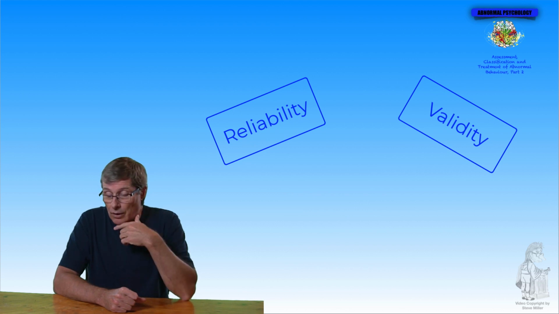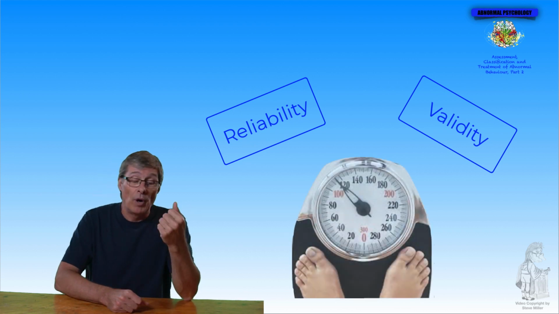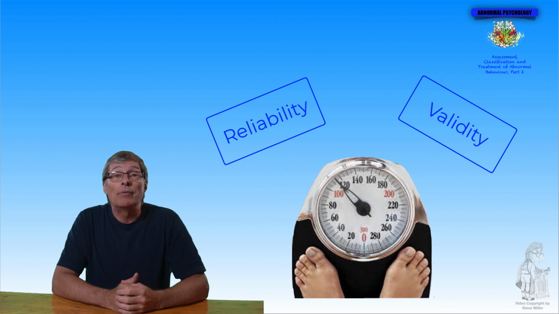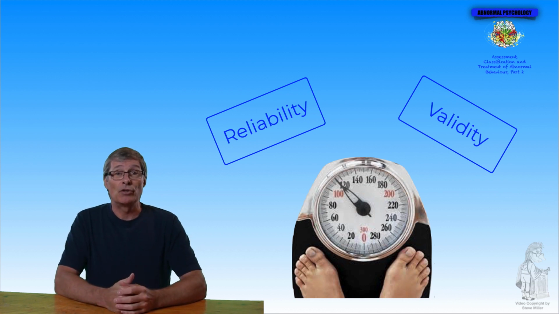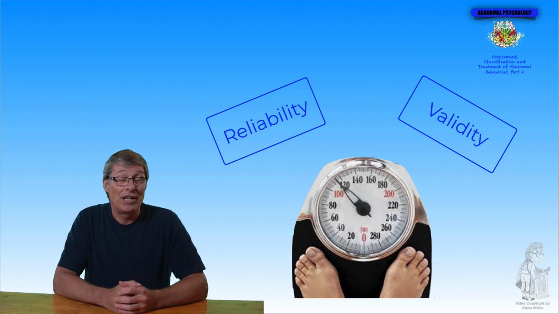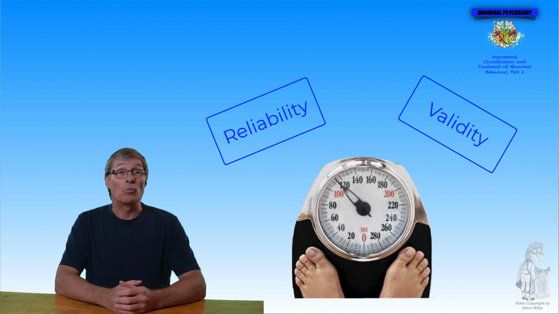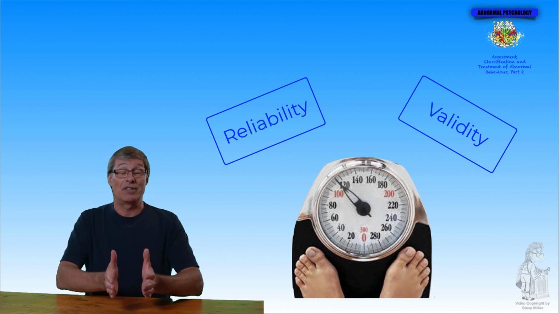So if you were weighing yourself as an example, if you were using a weigh scale and you jumped on it, sometimes it measured your weight and other times it measured something else. Well, it's not very valid. Weigh scales measure weight. They don't measure intelligence, creativity, or communication skills. That weigh scales measure only weight makes them valid. It's measuring what it's supposed to measure.